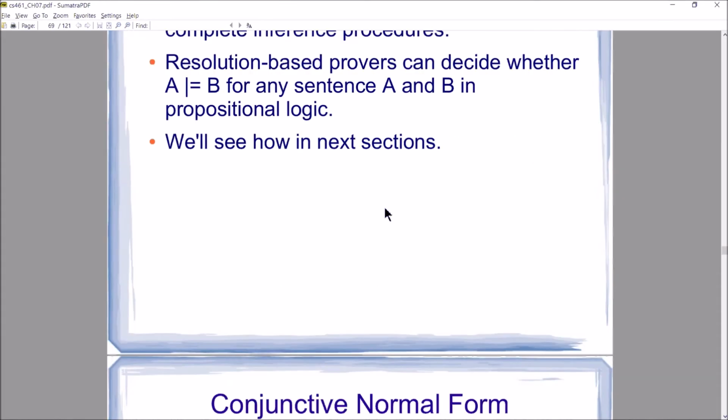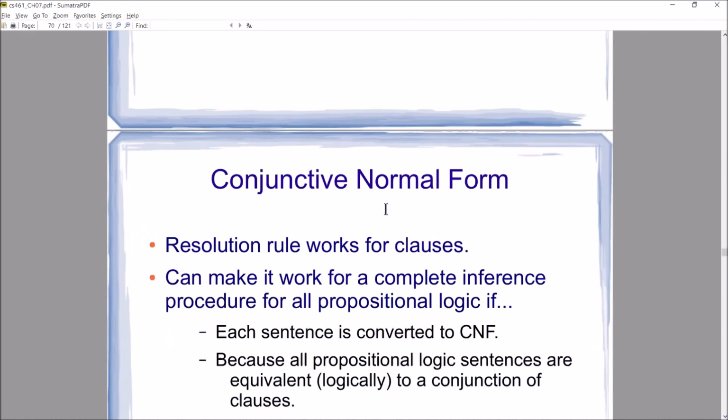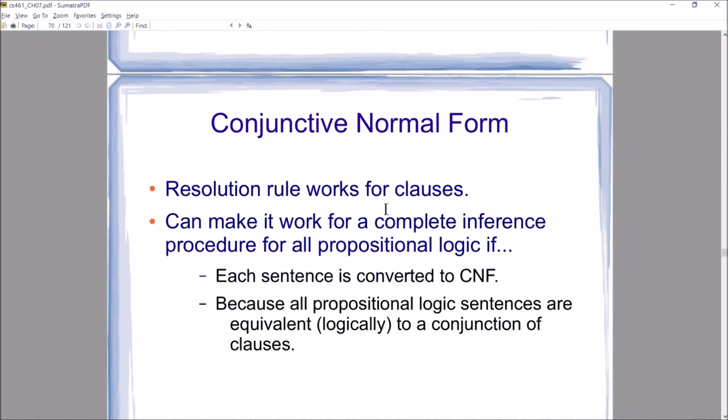All right. Okay, so next thing up I need to talk to you about is conjunctive normal form, okay? And what this does is it allows you to use the resolution rule for any kind of sentence, right? With some pre-flight work you have to do, right?